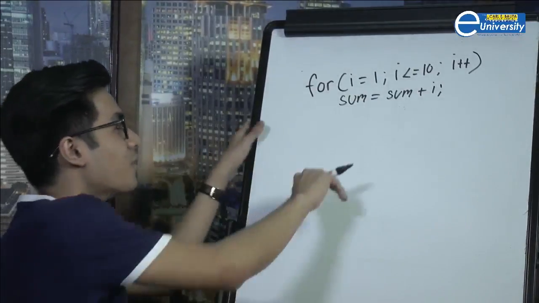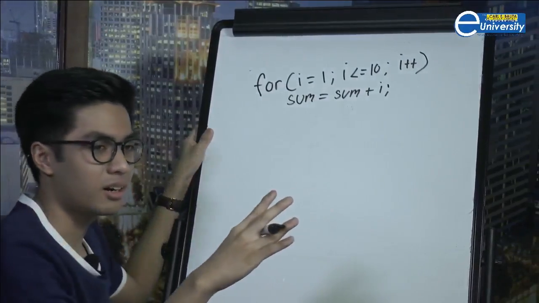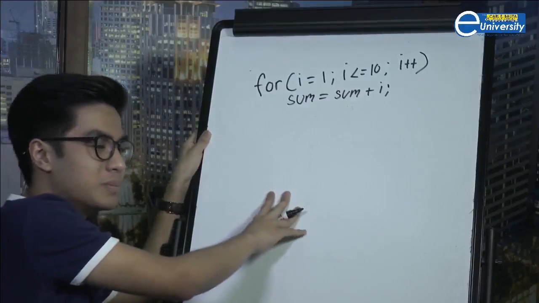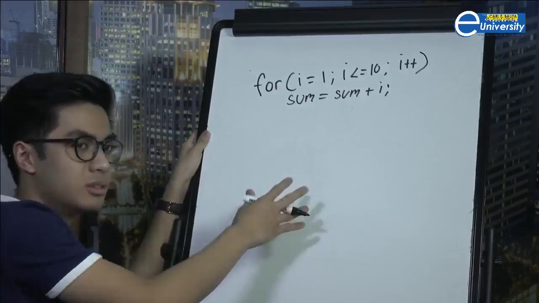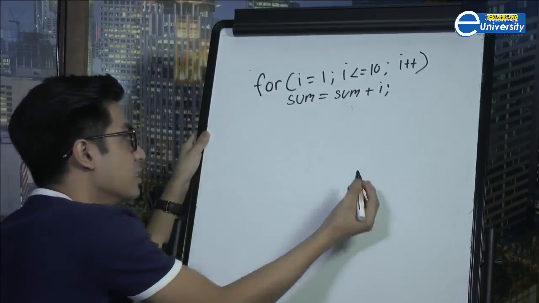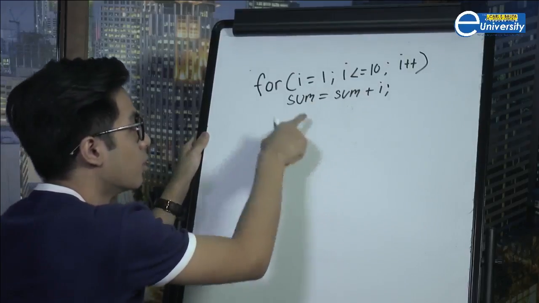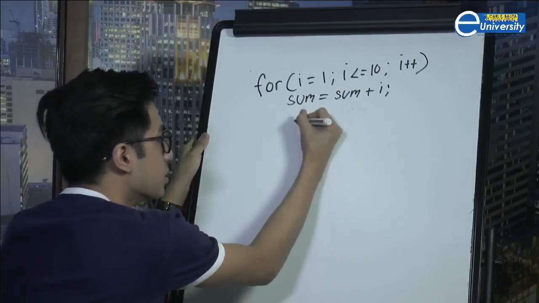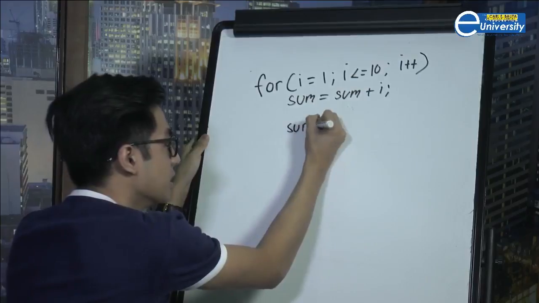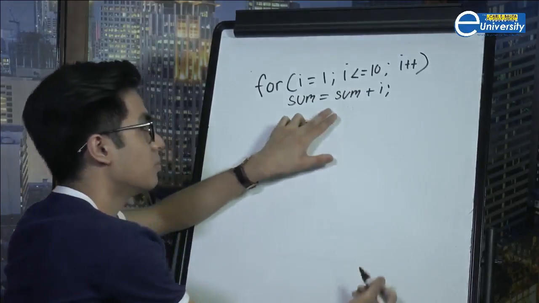Okay, so since sum equals 0, in computing for loops we could use the normal math, the normal algebra that we use every day. We could just substitute values into this. So sum, which is equal to 0, but since it is a variable, we put it here on the left side. Sum equals sum.